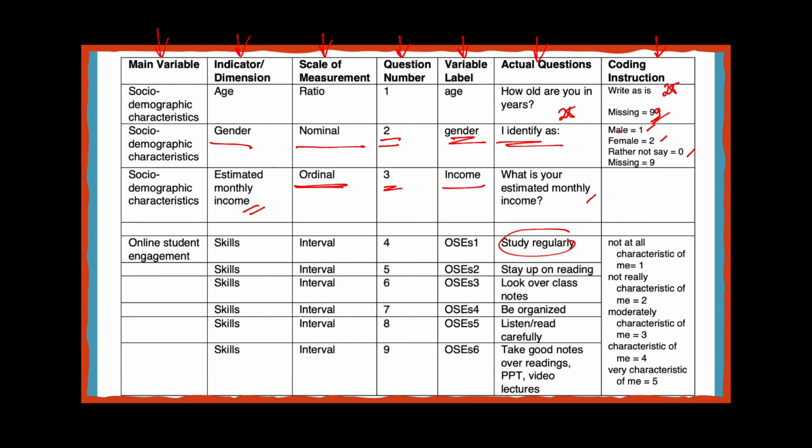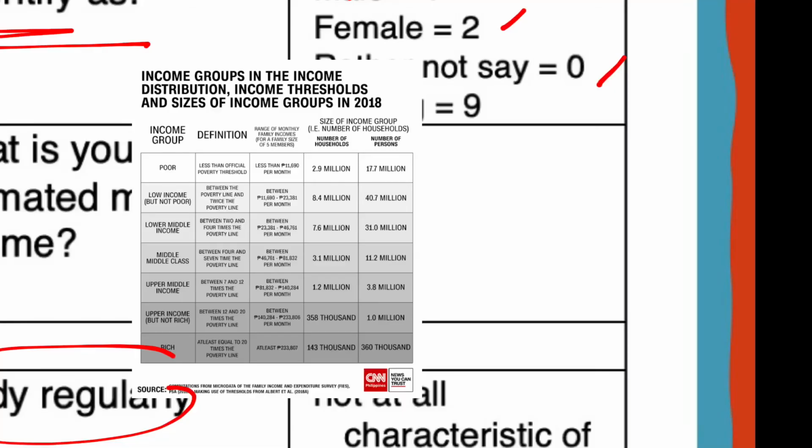So let me just pull up a sample bracket. For example, you are going to base the bracket on the NEDA's income brackets that was based on a 2018 study. Then for example, for poor, this is the income bracket that you will ask, no? So what would be your code?